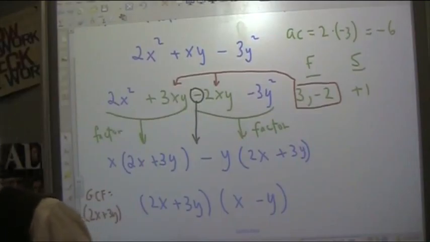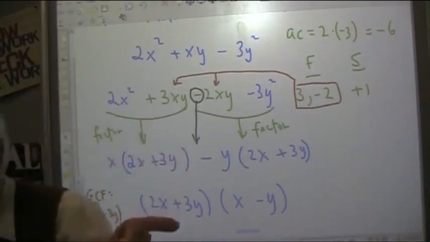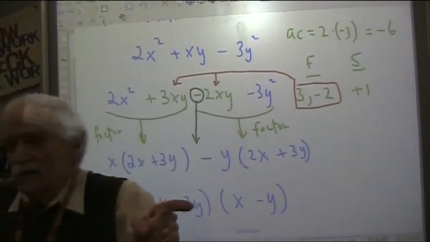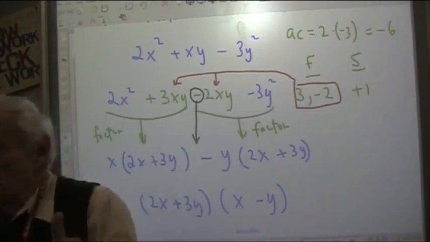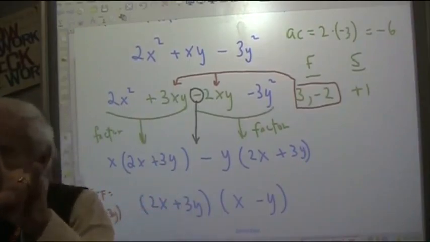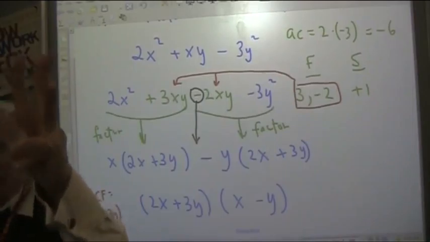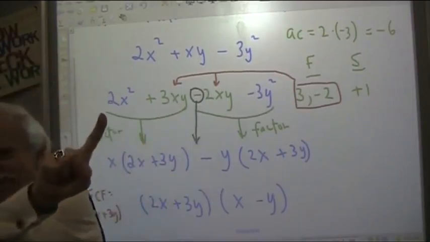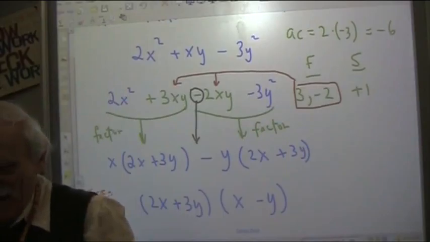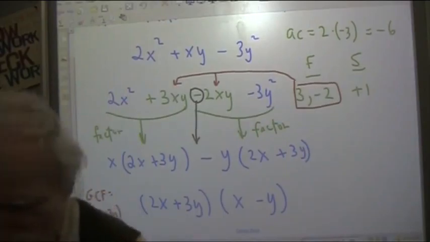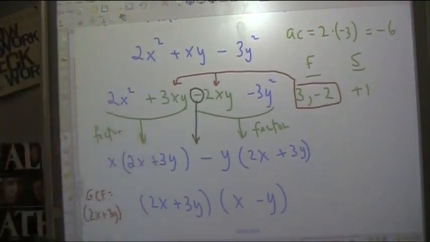Now, it's also possible with a 4-term polynomial, in addition to splitting it 2 by 2, to split it 1 and 3, or 3 and 1. So we're going to first focus on grouping 2 by 2.